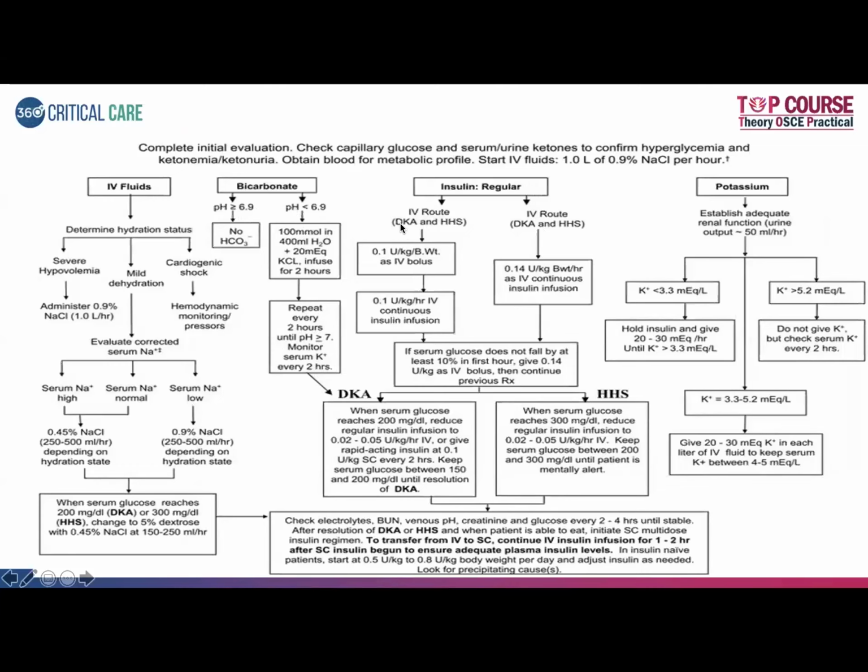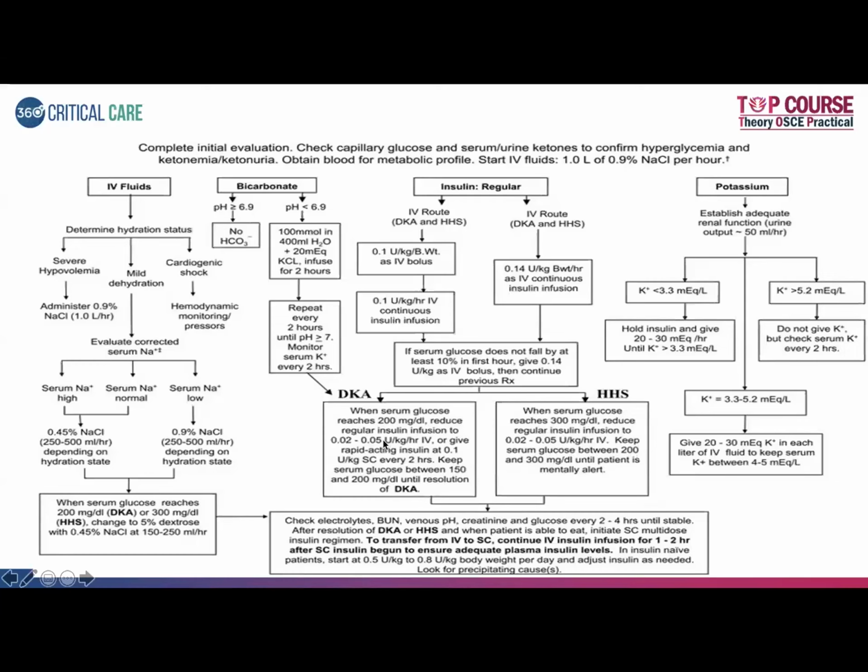Insulin: the difference in DKA and HHS management is that the insulin infusion is started at 0.14 unit per kg. In DKA, if the level drops to less than 200, you start a dextrose-based solution. Here, in HHS, if it is reaching less than 300, you reduce the insulin and consider a glucose-based solution, maintaining between 200 to 300.